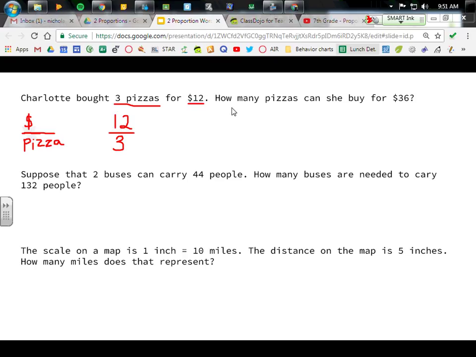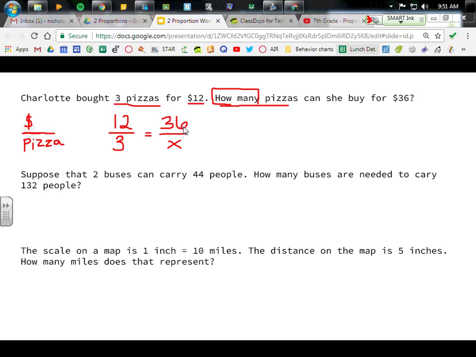It continues, how many pizzas can she buy for $36? So this phrase right here, how many, really gives you a clue as to what's going to be the missing part of my proportion. How many pizzas? This is what we're looking for. That's going to be the missing part of our ratio. And it says that she's going to be spending $36.